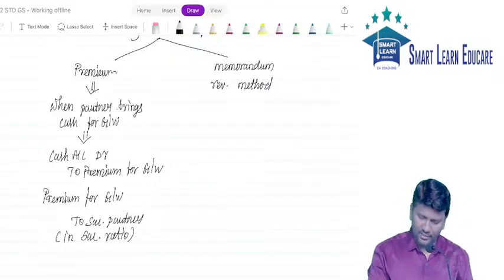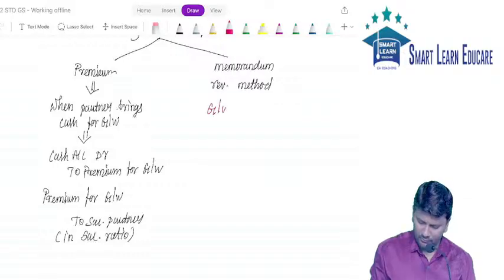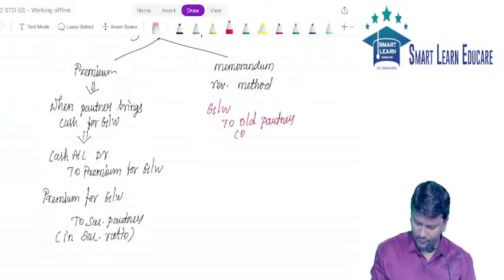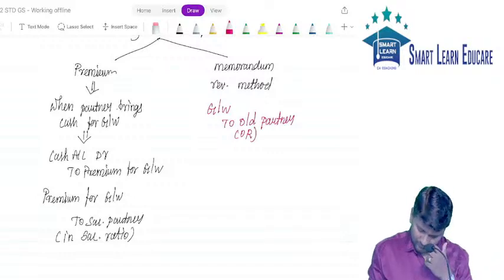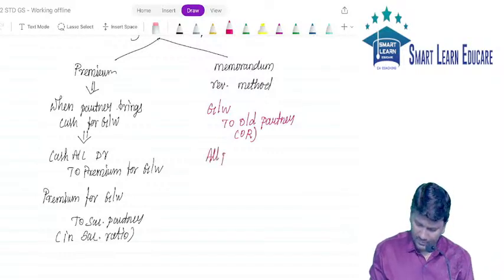If it is the memorandum method, we also have two entries. First entry: goodwill account debit to old partners in the old ratio. Second entry: all partners' capital accounts debit to goodwill in the new ratio.